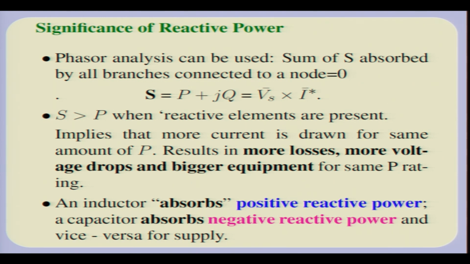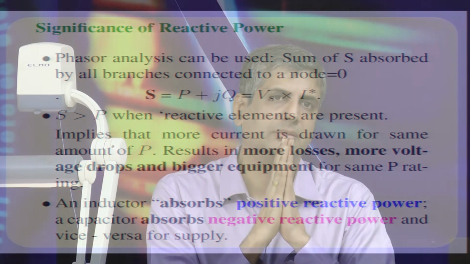Remember, the current direction is into the circuit from the source. Reactive power is defined as Vrms into Irms into sin phi, where phi is the angle of lag with respect to the voltage. So, what we actually see is that an inductive circuit absorbs positive reactive power, whereas a capacitor absorbs negative reactive power. This is the kind of convention we will use.